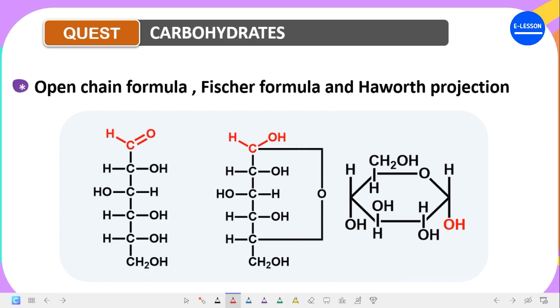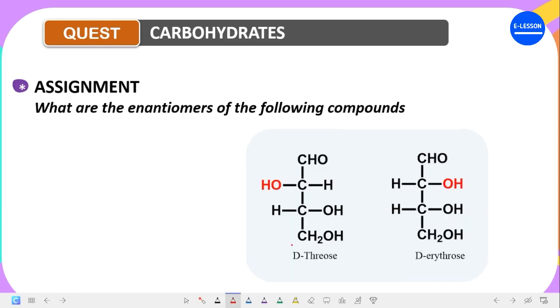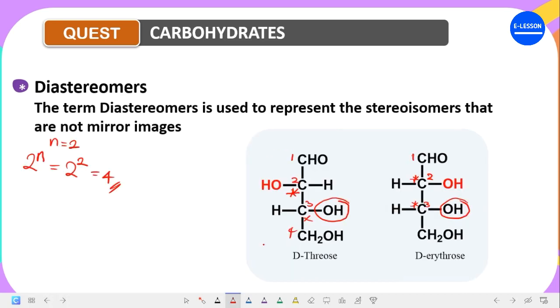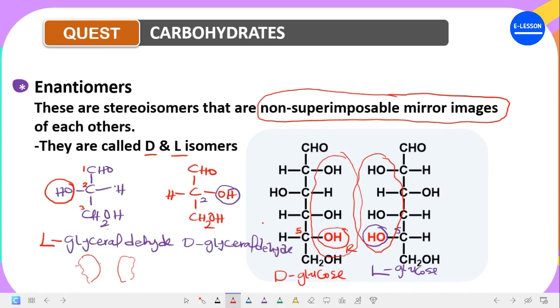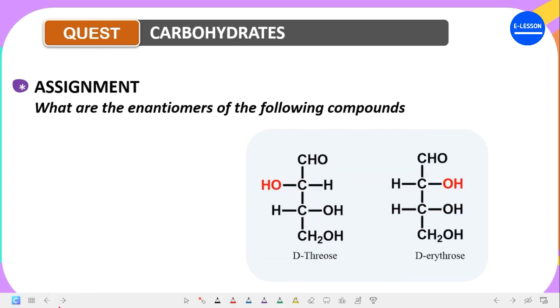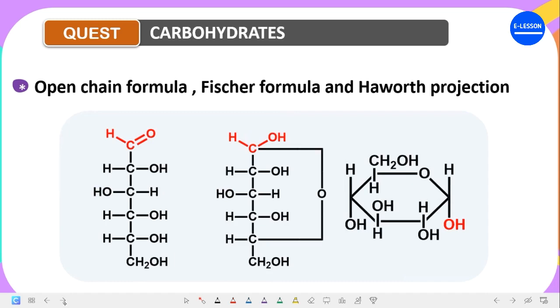This first structure you see here, and all the ones we'll be drawing since, there are different ways in which glucose can be represented, but all the ones we'll be drawing since is called the open chain projection.